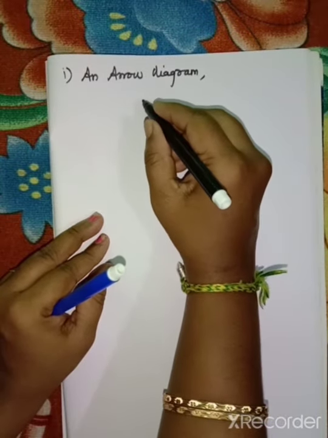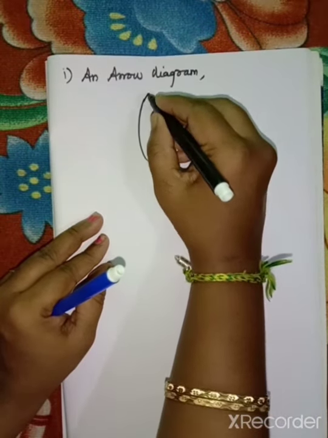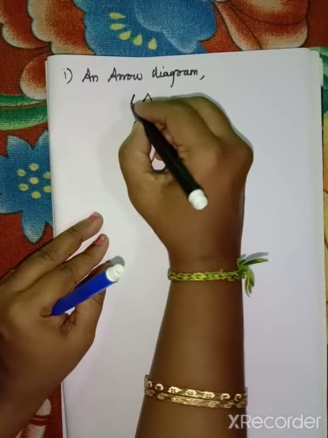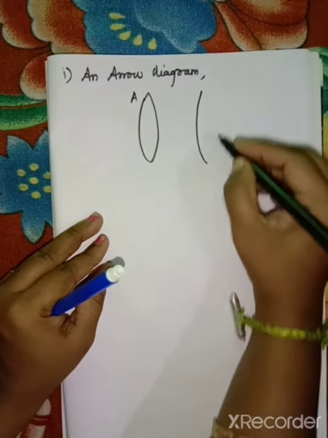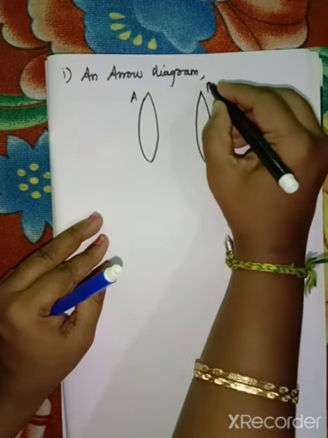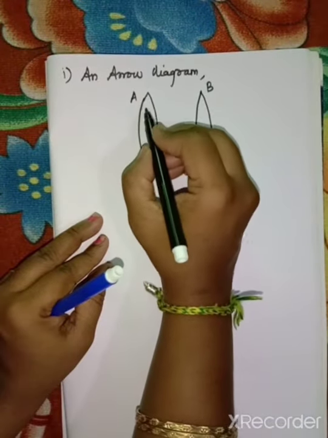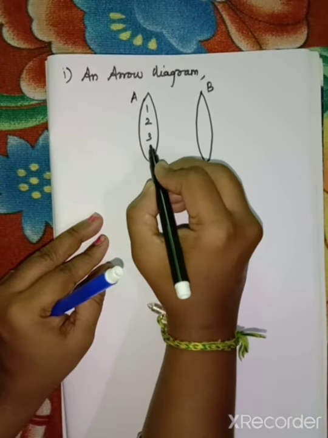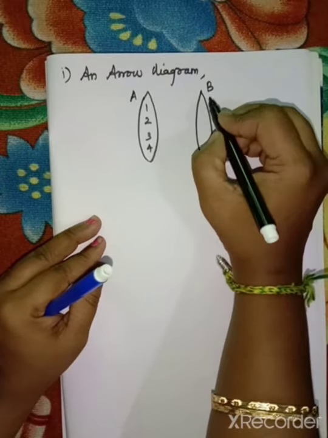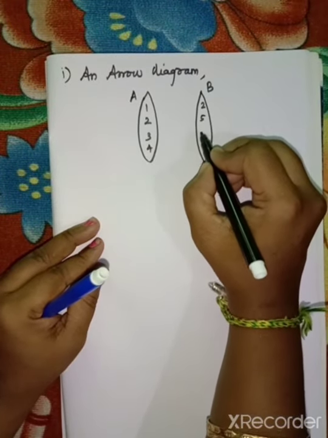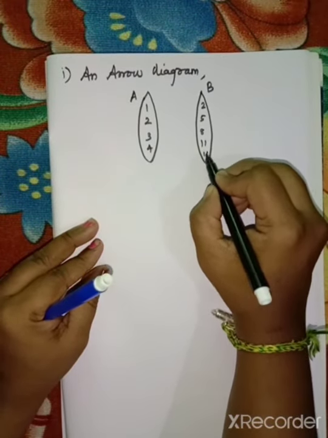So for the arrow diagram, A to B the function is there. So A set is 1, 2, 3, 4. B set is 2, 5, 8, 11, 14.